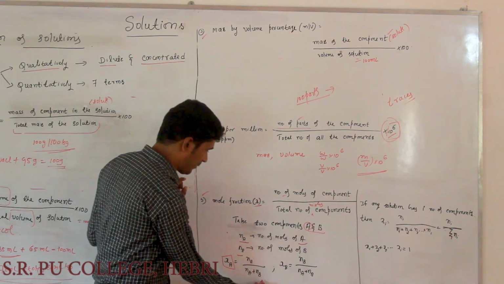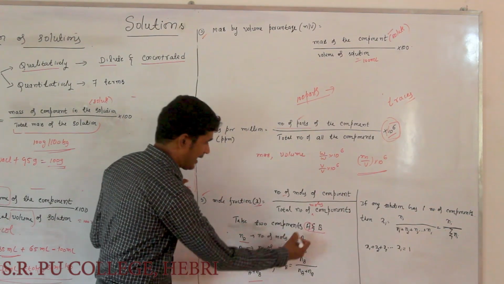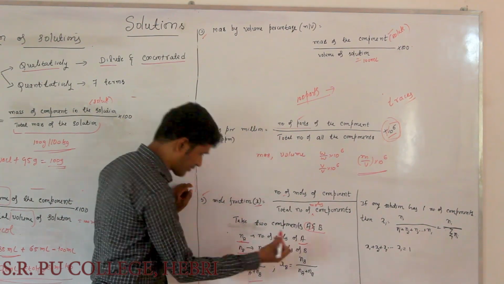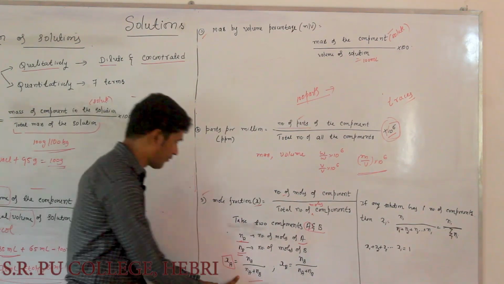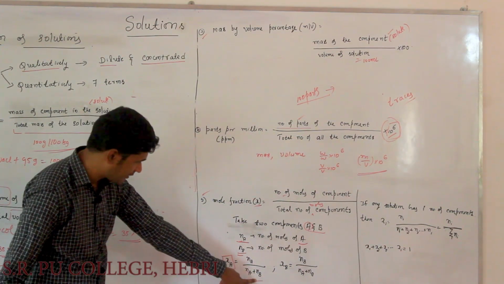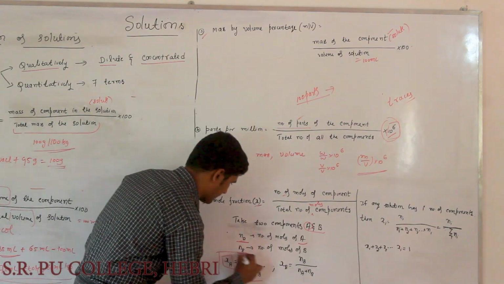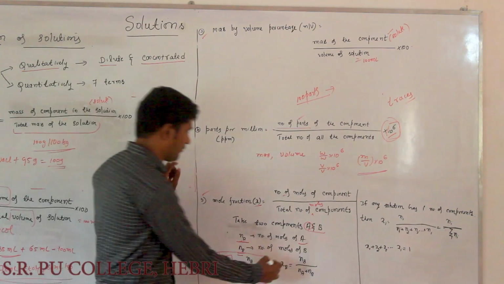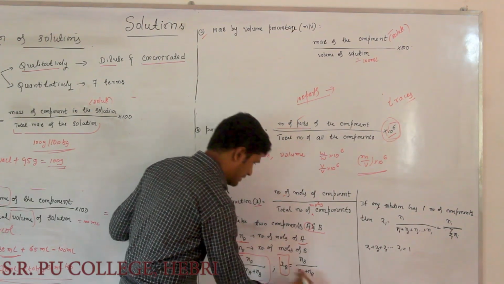There are only two components, A and B. The number of moles of A is n of A, and the number of moles of B is n of B. So the total number of moles of components is n of A plus n of B. This is how you calculate the mole fraction. Similarly, for component B, you apply the same formula.